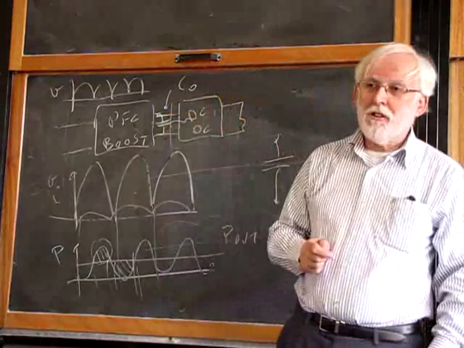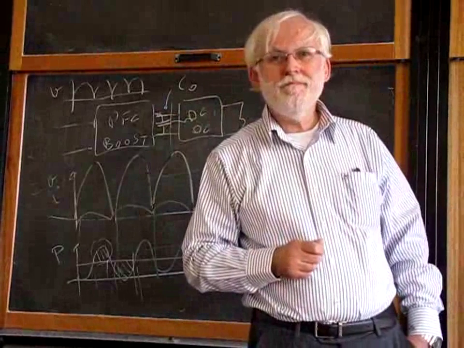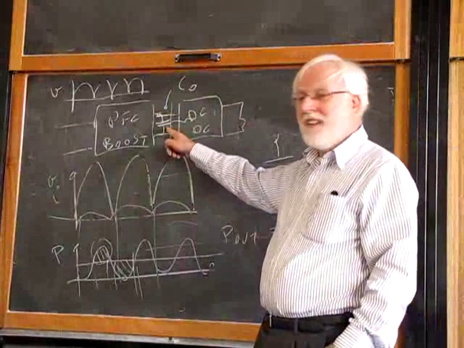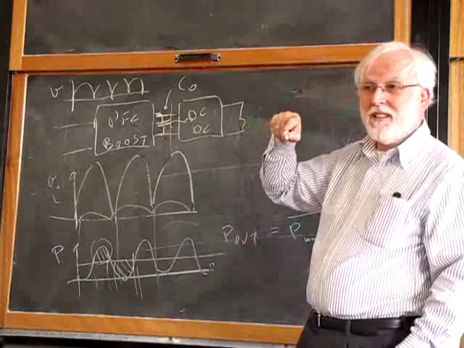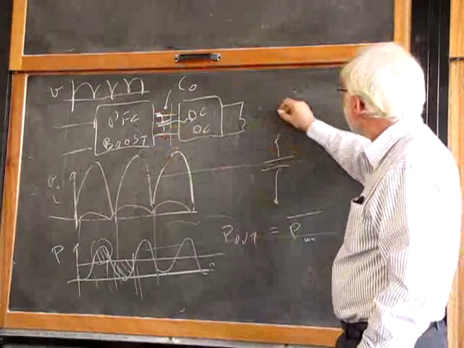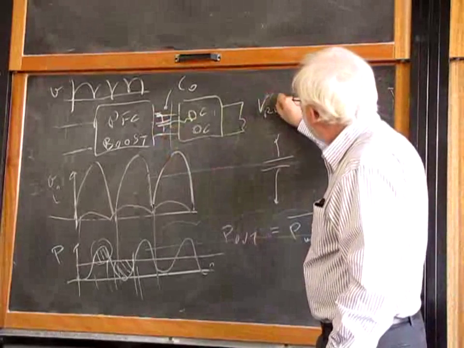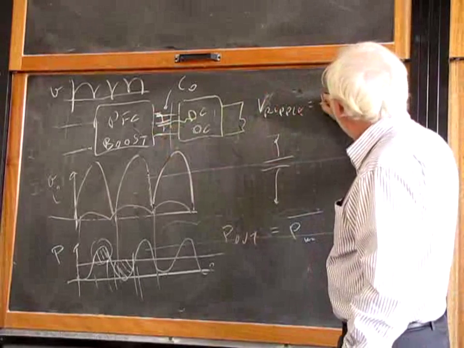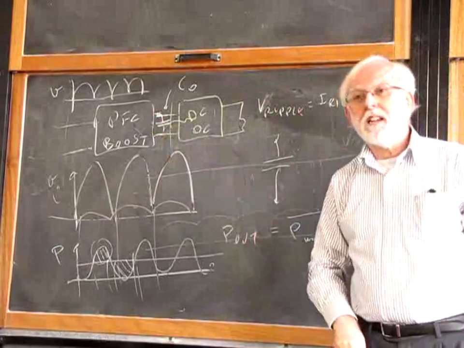Or if you are a radio frequency guy, you can say, oh, the capacitor has a reactance. Here I am supplying this capacitor with an AC current. AC current goes completely through the capacitor, and V ripple equals I ripple multiplied by the capacitor impedance.